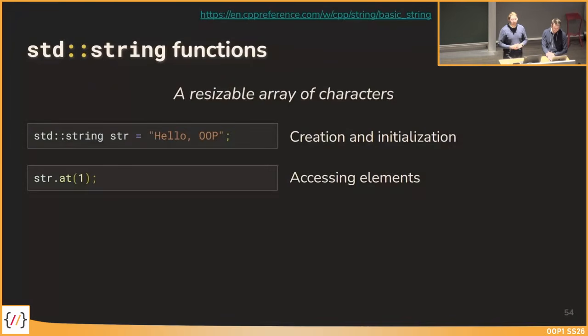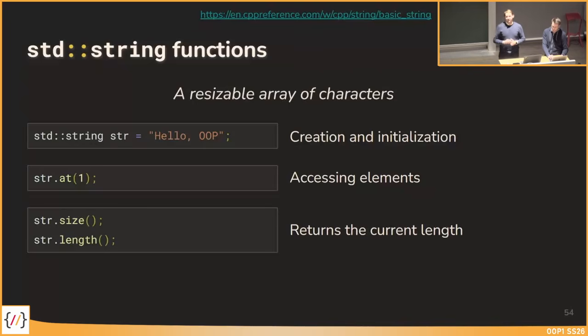Again, similar to vectors, we can just use the function at with the index here. And similar to vectors, we have a bounds check. So if we access an element that is outside of the string, the actual array of characters, we will get defined behavior and the program will crash.